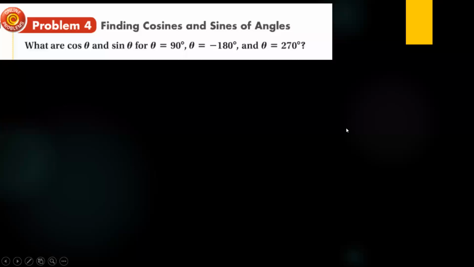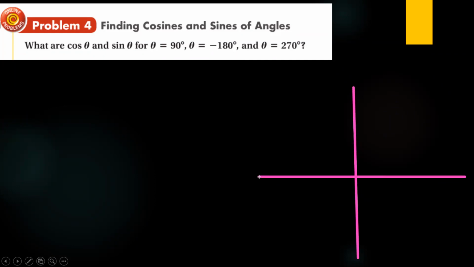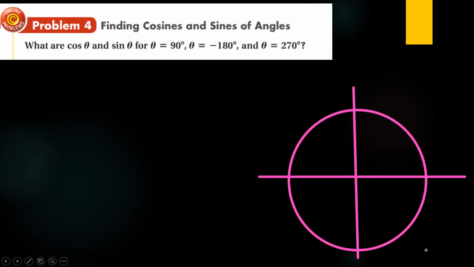The coordinates are the cosine and sine. Now let's see how to find the cosine and the sine for the angle 90. In order to find them, you have to draw a unit circle, and its center is at the origin and its radius is 1.